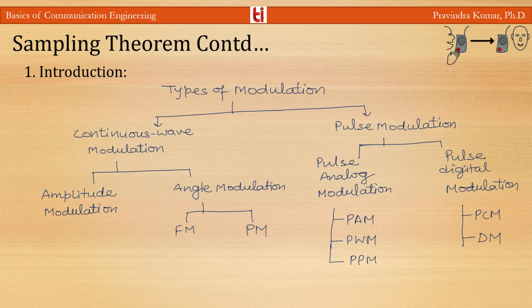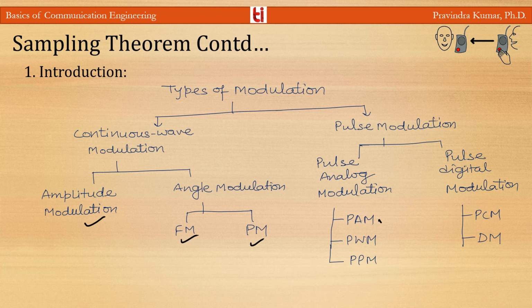Different types of modulation techniques are there. In all the continuous wave modulation like amplitude modulation, frequency modulation, phase modulation, information about the message signal is transmitted continuously in terms of corresponding variations of amplitude, frequency or phase of the carrier wave as the case may be.